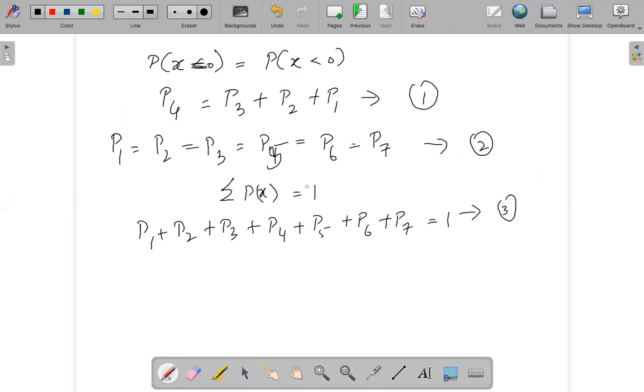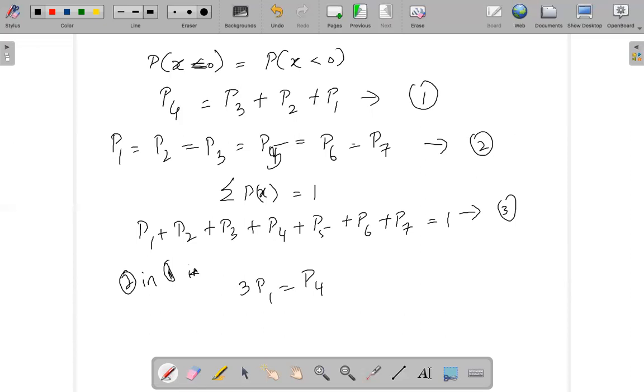Now, if I consider using 2 in 1, I get 3p1 is equal to p4.